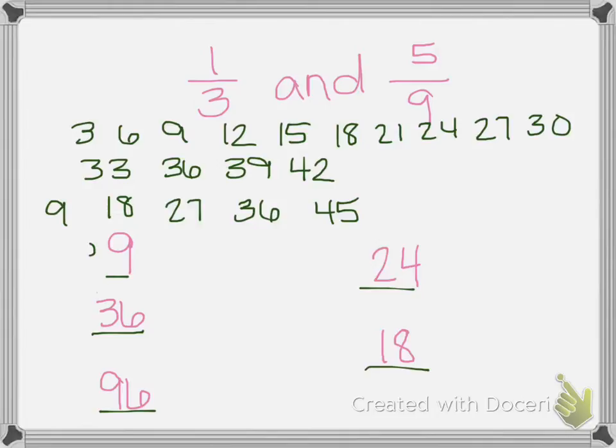So far, 9 is a correct answer, 36 is a correct answer, 24 is not, 18 is. So now for 96, instead of counting all the way up by 9s, we can just see if 96 is divisible by 9. 9 goes into 9 one time, but then we have that 6, so it is not. So the only 3 correct answers are 9, 36, and 18.